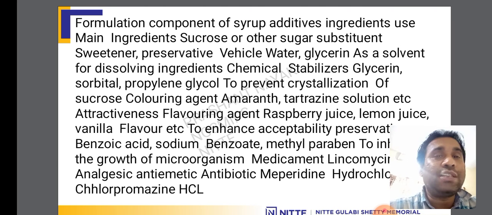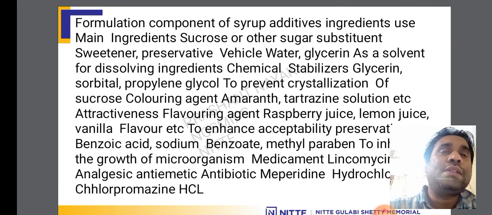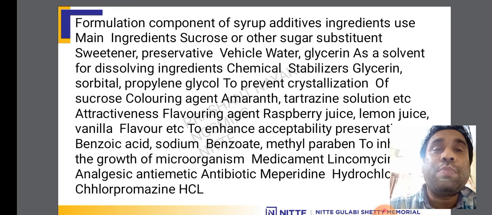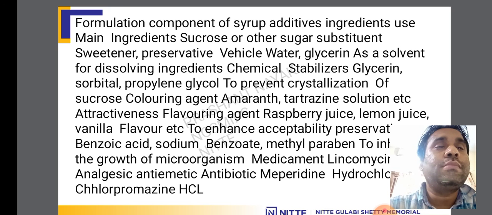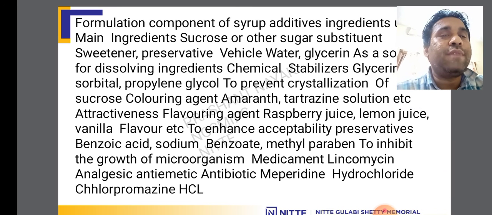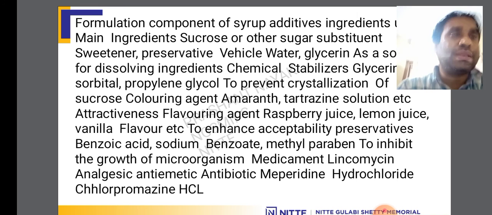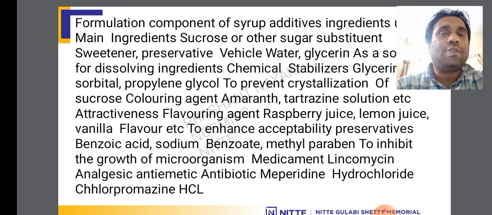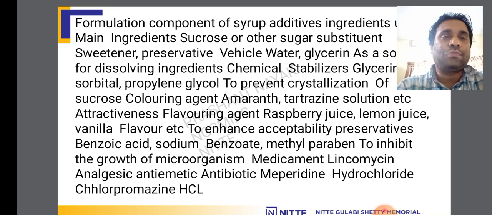Glycerine as a solvent for dissolving ingredients; chemical stabilizers like glycerin, sorbitol, propylene glycol to prevent crystallization of sucrose; coloring agents like amaranth, tartrazine to make it attractive; flavoring agents like raspberry, lemon, vanilla to enhance acceptability; preservatives like benzoic acid, sodium benzoate, methyl paraben, propyl paraben to inhibit the growth of microorganisms.